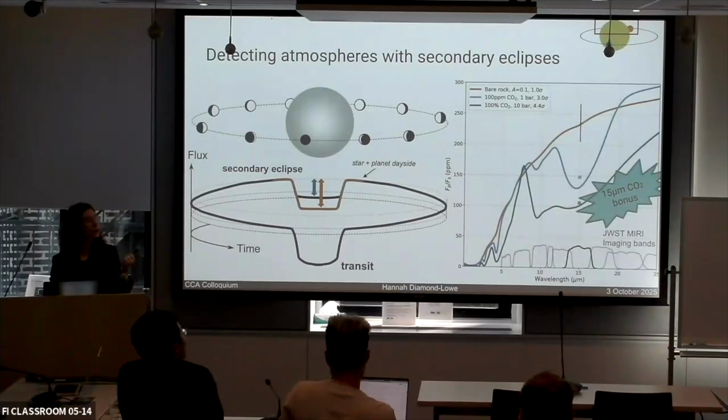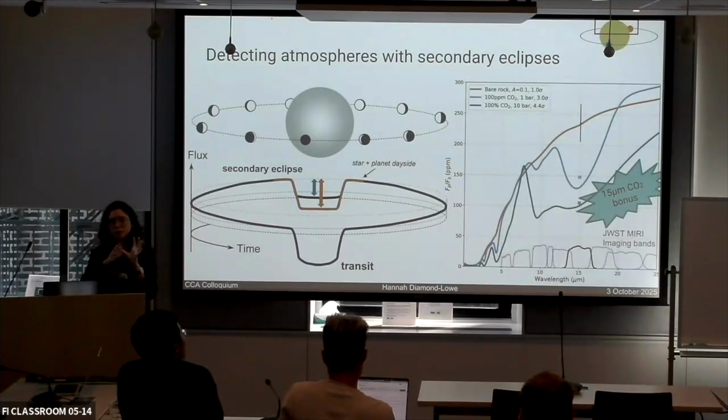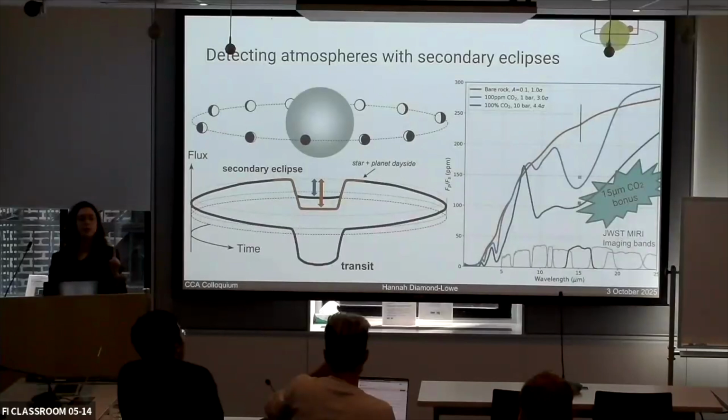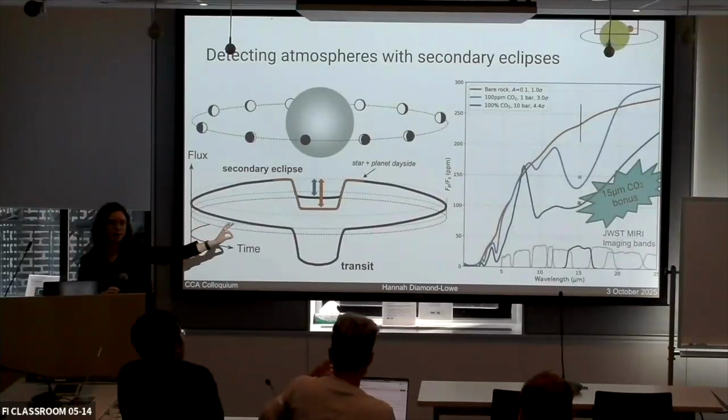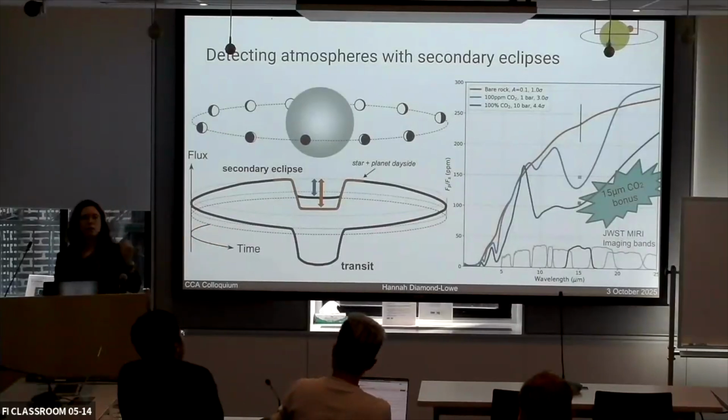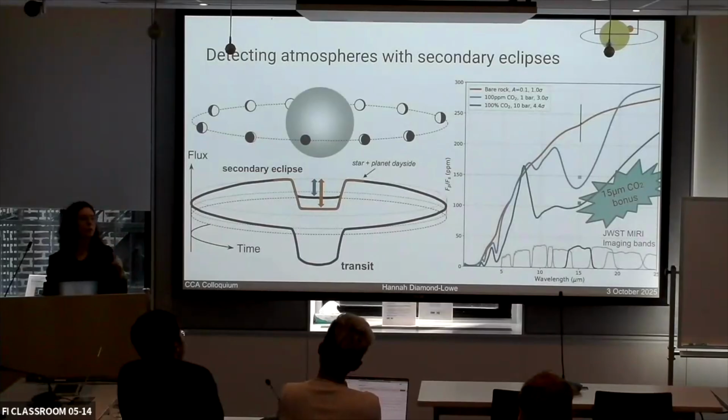You can make a prediction for what that depth would be if you have some kind of atmosphere smearing that energy around. You get a really big advantage if you put carbon dioxide in that atmosphere, because there is a really deep, really well measured absorption line of CO2 right at 15 microns, right here. This is the 15 micron CO2 bonus.